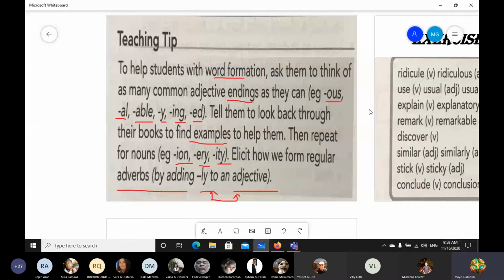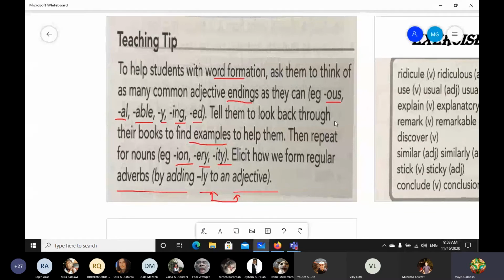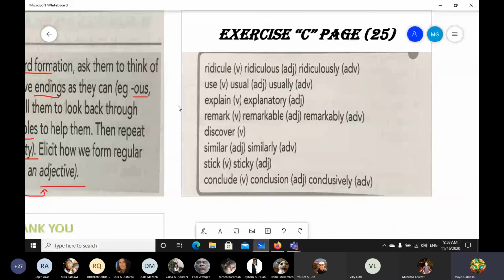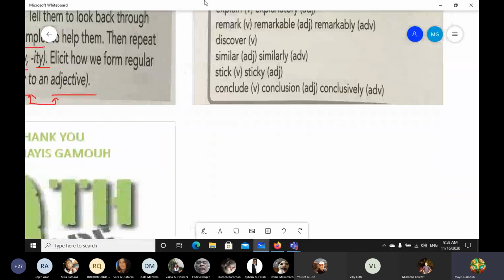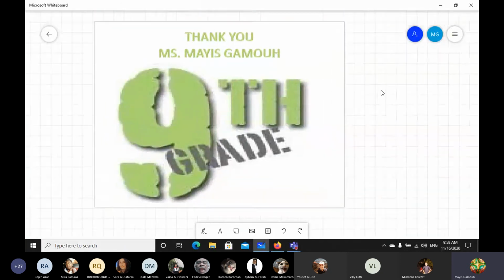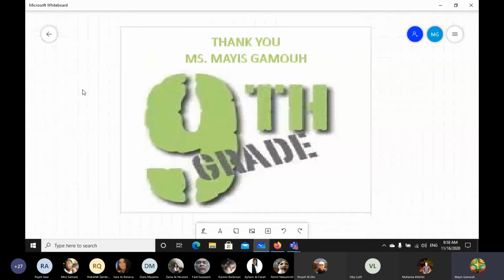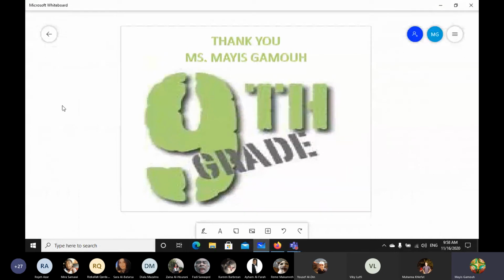Here, our next slide, we will talk about it now, and it's exercise C in your word building, but I am going to hide it, because you guys have to answer me regarding the exercise. So with that, we will be done with explaining your lesson for today, which is regarding phrasal verbs and word building.